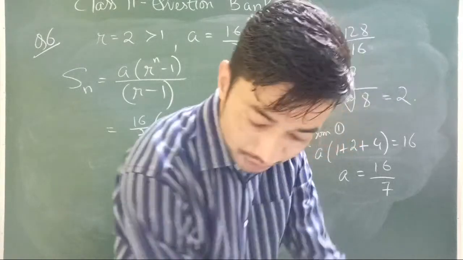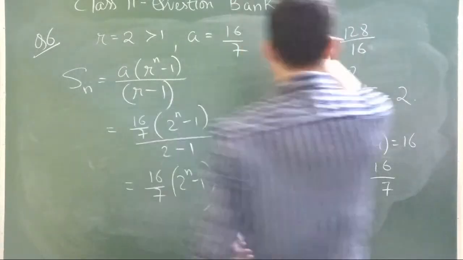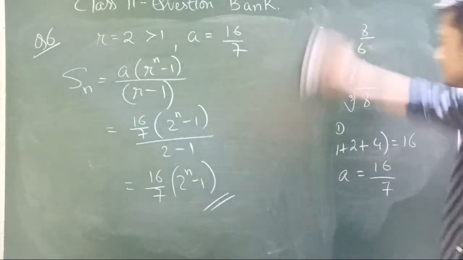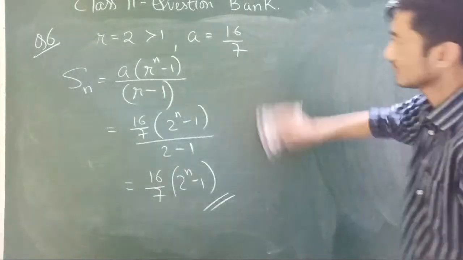We'll go now to question number 7. That's about conic sections. Circles we have done.